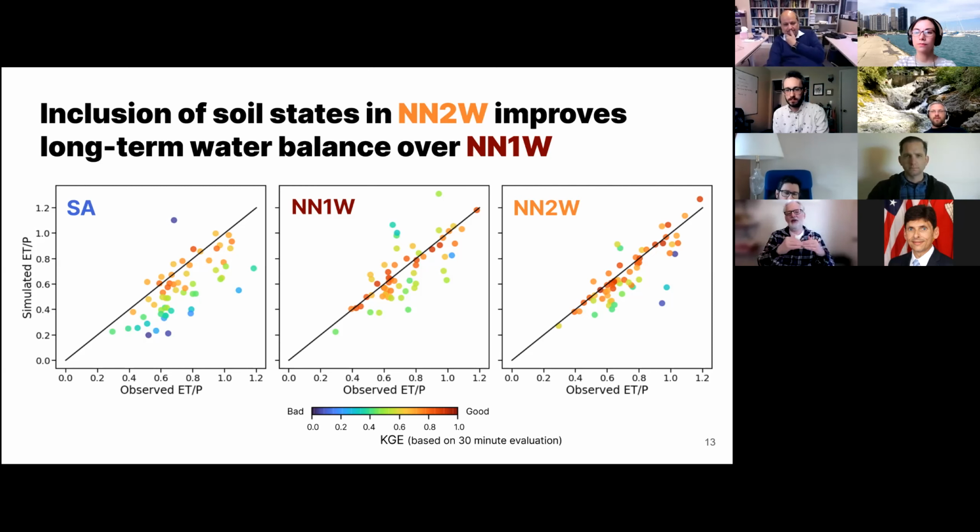I just wanted to say something. It's a comment, or I just wonder what others think. Of course, neural networks are not new, and not new to hydrologists. The first surge of neural network applications in hydrology started back in the early 1990s, and it lasted until the mid 2000s.